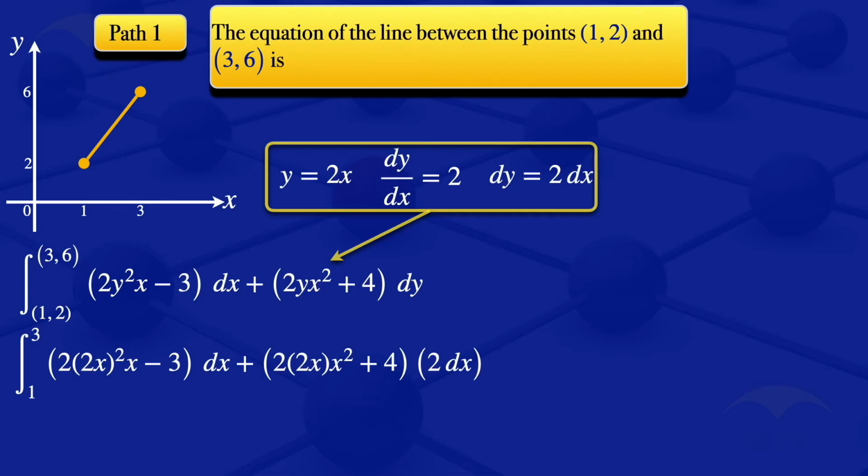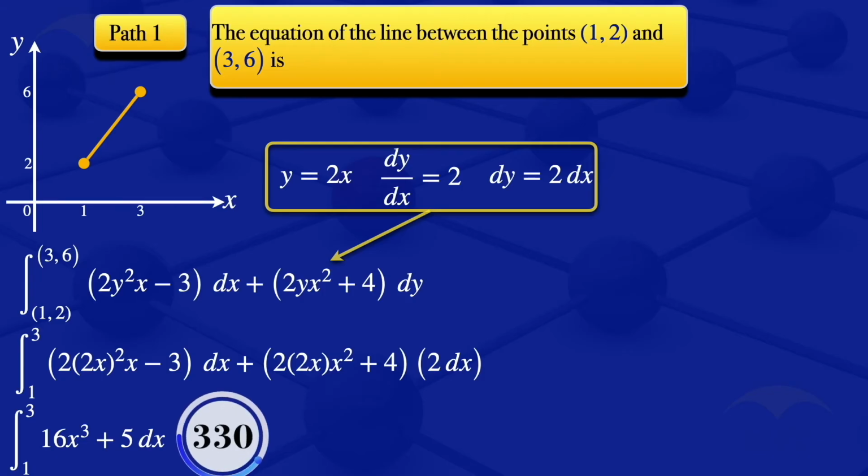When you simplify, that gives the integral from 1 to 3 of (16x³ + 5) dx. Then we evaluate that integral with the limits, and we see that the result is 330.